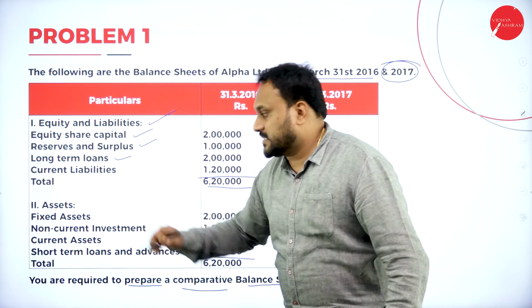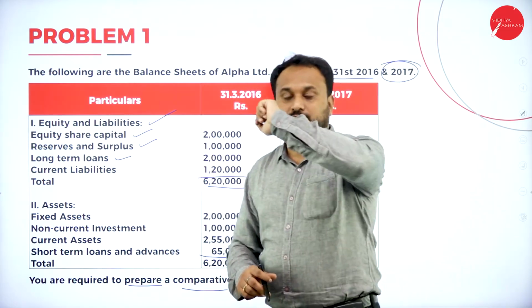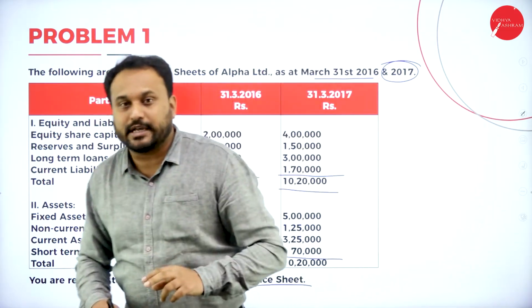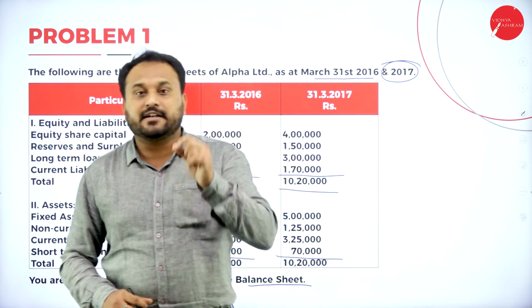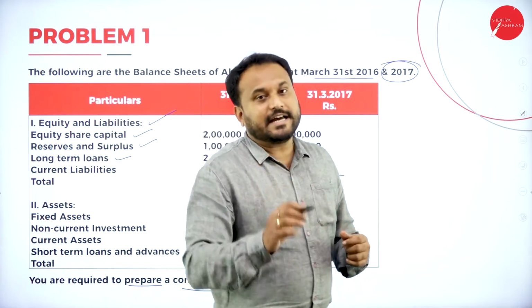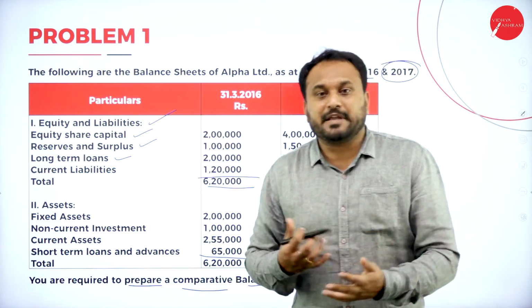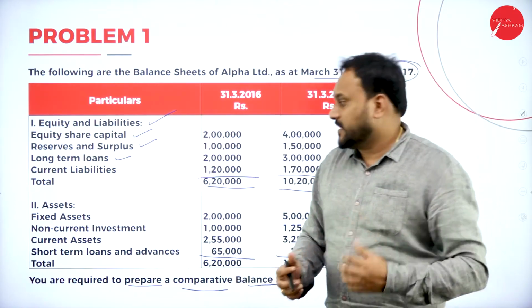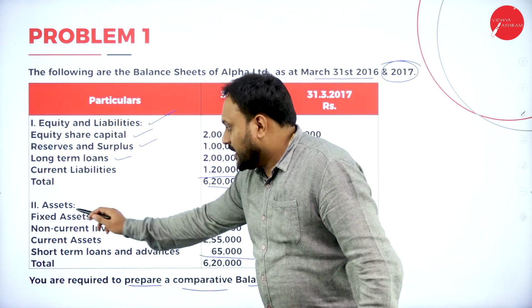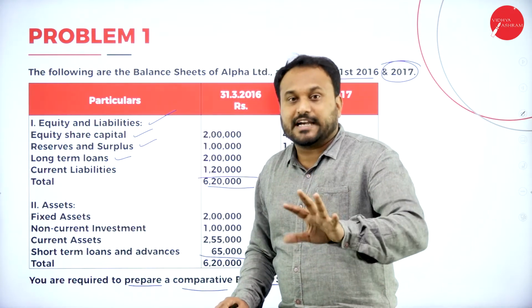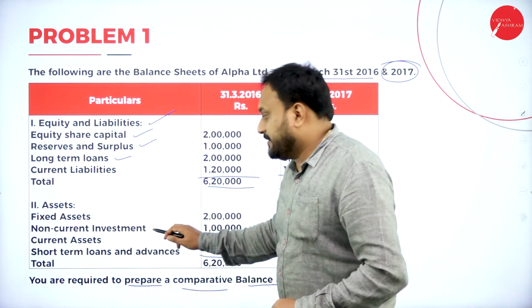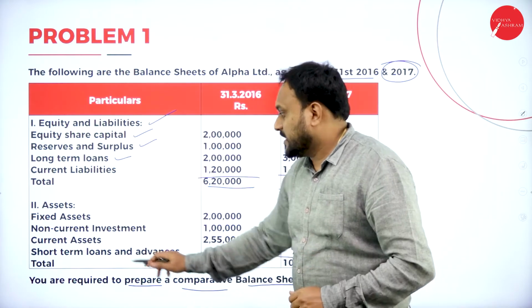Next, come to the assets. Now assets we have 2 types: one is non-current assets and one more is current assets. Now current asset means what? Easily converted to cash. Now which are the current assets here? Fixed assets are not current assets. Non-current investments are not current assets.